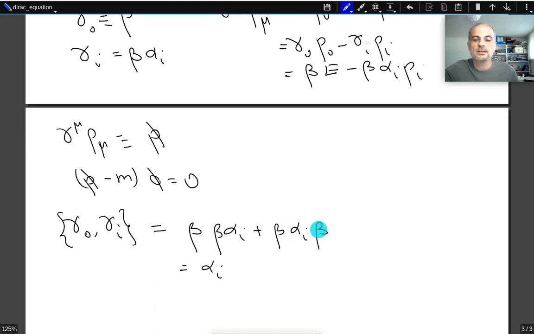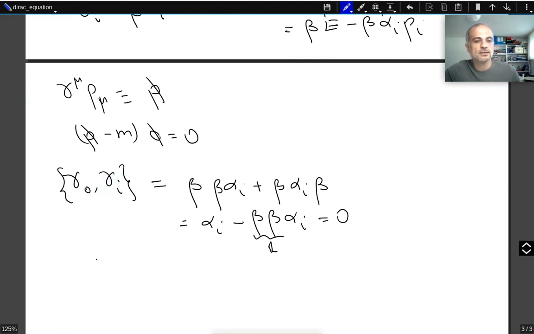Beta and α_i anti-commute, so if I change the position of α_i and β, I get a minus sign, minus β β α_i, but β squared is just 1, so this is 0. So the space and time components of these gamma matrices anti-commute.